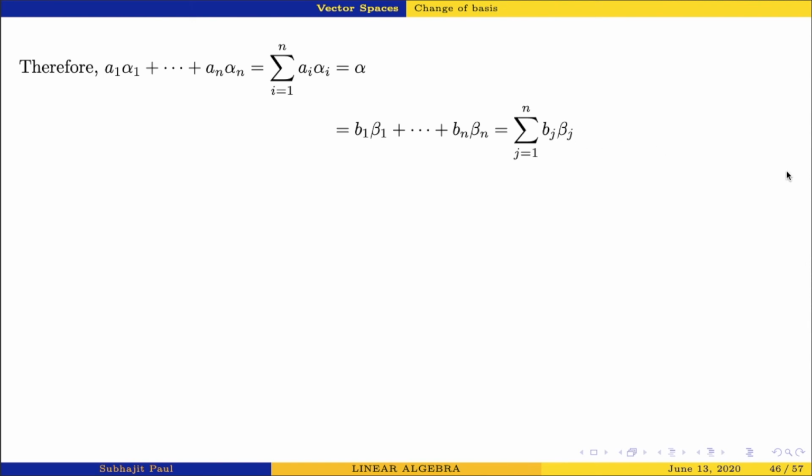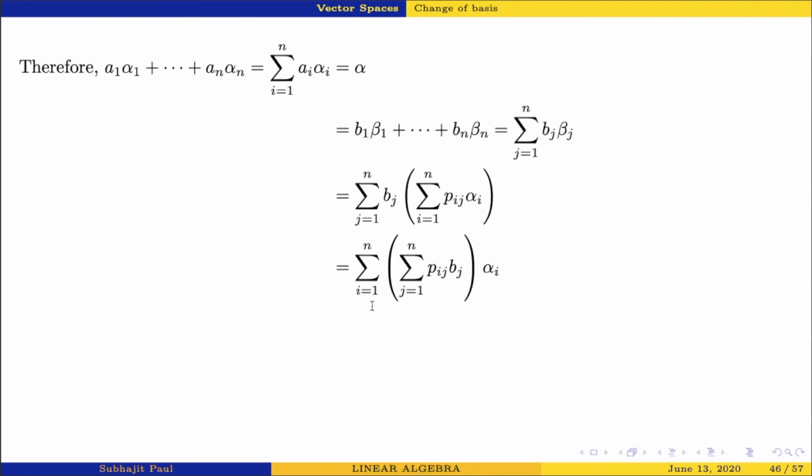Now this beta j, as we came across over there, every beta j vector is the sum over i of Pij, the scalar, times alpha i vector. Now, by interchanging the order of summations, j comes first and then the sum on i. So j runs from 1 to n, Pij bj times alpha i, and then everything summed over i.